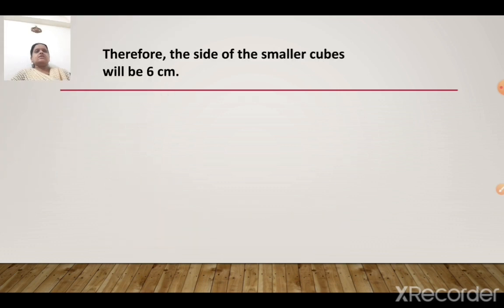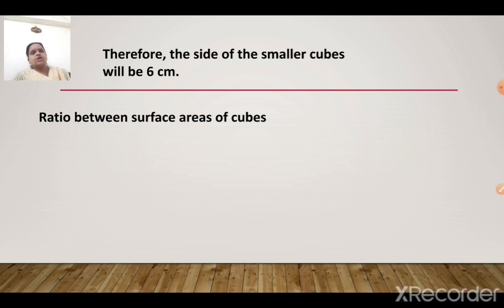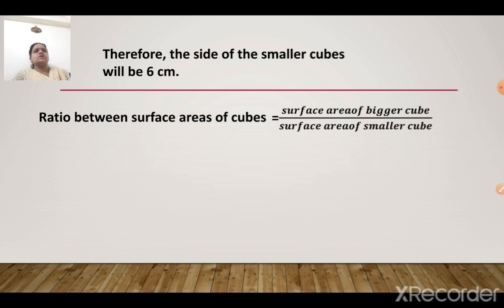Therefore the side of the smaller cube will be 6 centimeter. But what is asked? They asked you to find the side of the smaller cube as well as the ratio between the surface areas of the cubes. So what will be the ratio? Surface area of bigger cube upon surface area of smaller cube.